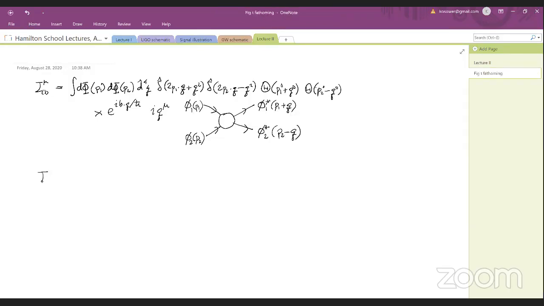So the formula we had written down for the second term involves a sum over additional particles, which, of course, could be the sum over nothing. So the lowest order contribution in the second term would have no additional particles.